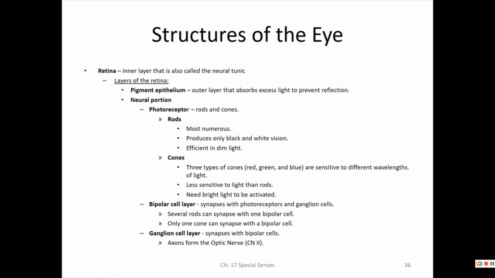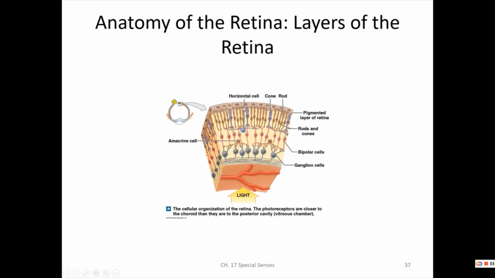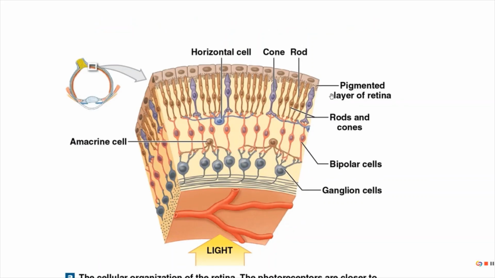Ganglion cell layer, this is what goes from your bipolar cells, and their axons make the optic nerve. So let's look at that. So the retina, I'm going to zoom in here, has the pigmented layer of cells that have melanin in it. Then it has the area called the neural portion, neural layer, where there is a layer of photoreceptors, a layer of bipolar cells, then a layer of ganglion cells.